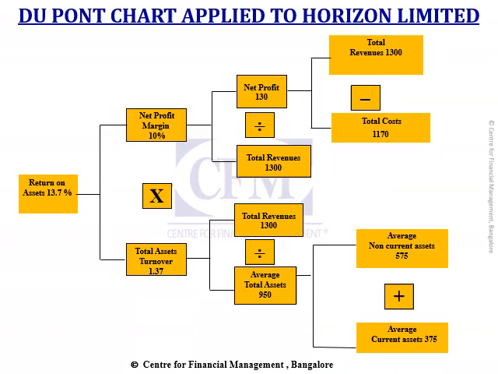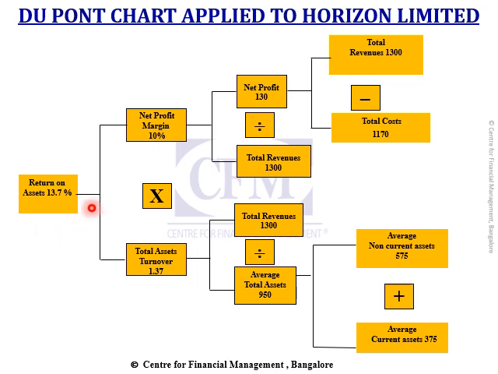Let us look at the DuPont chart pioneered by the DuPont company in the US. In fact, this chart was initially developed by Alfred Sloan, a person who had an engineering background. This chart is widely used internationally to get a pictorial view of the determinants of return on assets. Return on assets, as we have learned, is defined as net profit divided by total assets.